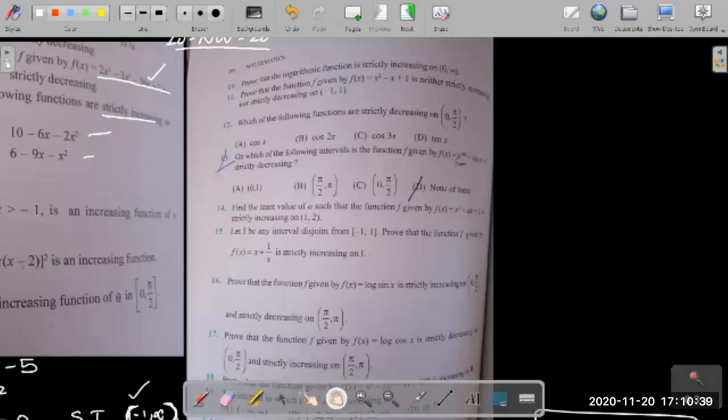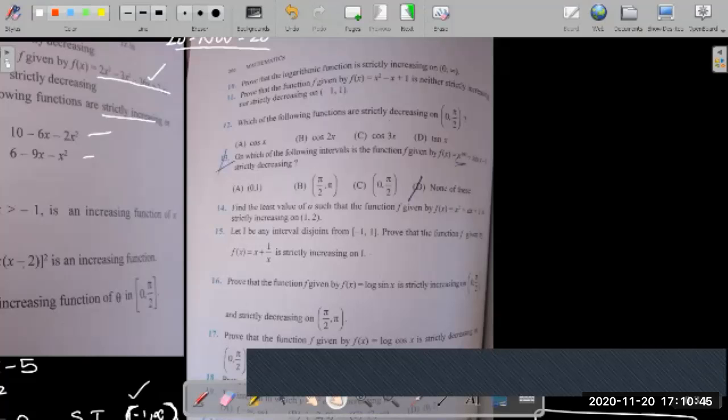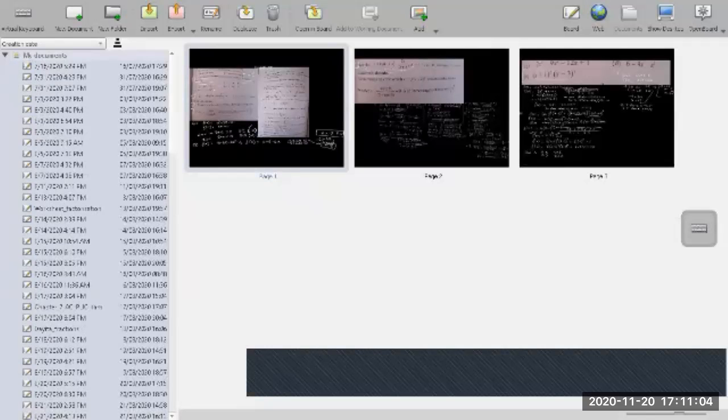What does he mean by neither strictly increasing nor strictly decreasing? And which of the following functions? These last two questions are trigonometric, and then we need to find the value of a. So the first one we are picking up is prove that the logarithmic function is strictly increasing over 0 to infinity.